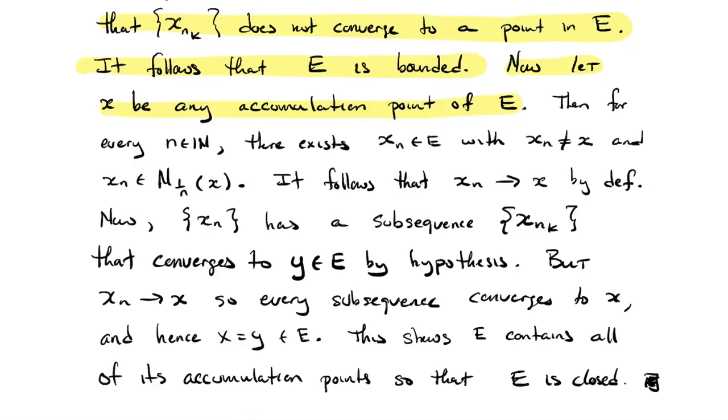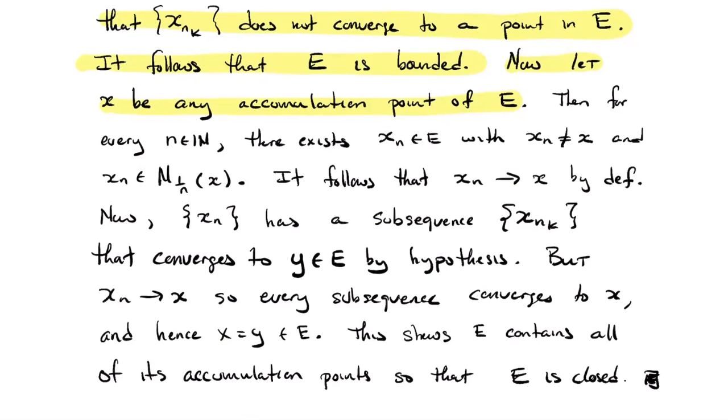that's also in E. So in particular, if I take epsilon to be 1 over n, for any natural number n, 1 over n is a positive number, I have to be able to find some point in E, call it X sub n, that's not X, it's in the deleted 1 over n neighborhood. And it's in there because X is an accumulation point.